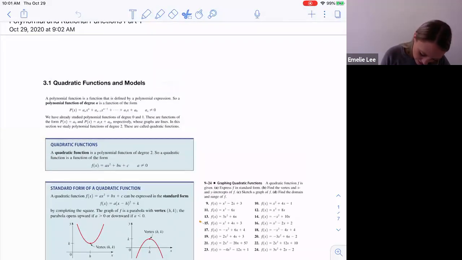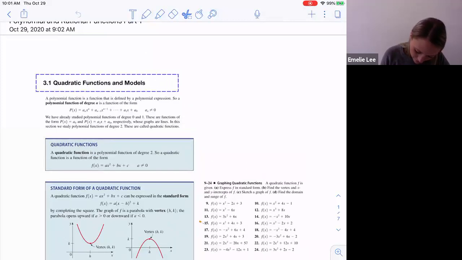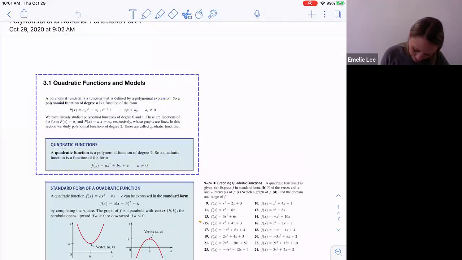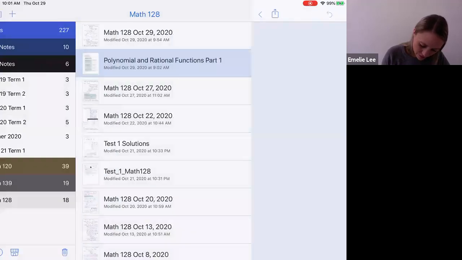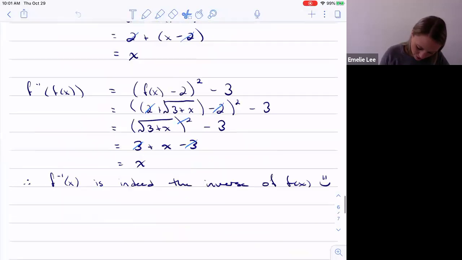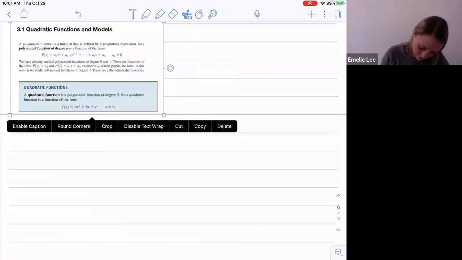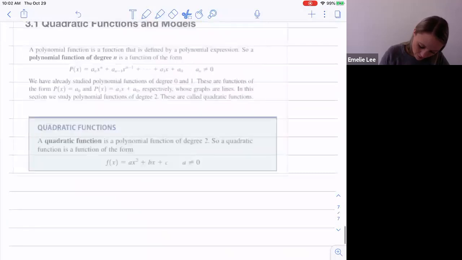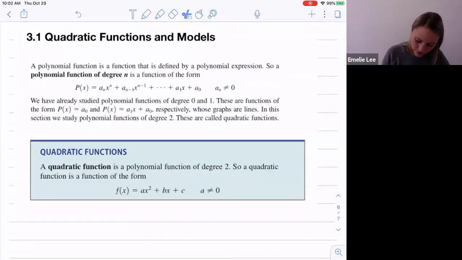Let's see here. Just copy that whole chunk. Start on a fresh page here. Okay, so we're going to be talking about polynomials. Polynomials in general can have an nth degree.